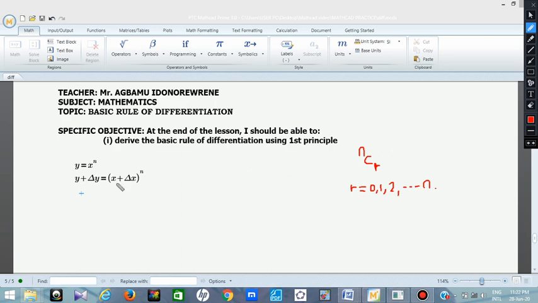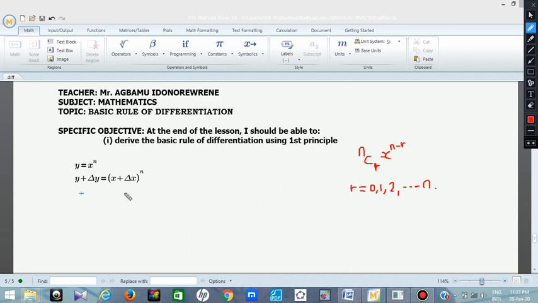Then the next thing you do is you take the first term of the bracket, which is x. So you have your x now raised to power n minus r. N minus r, that is the rule, so take note of that.